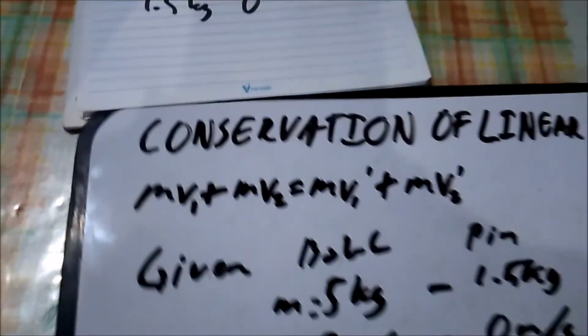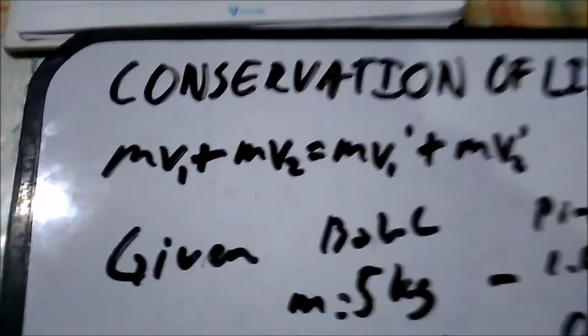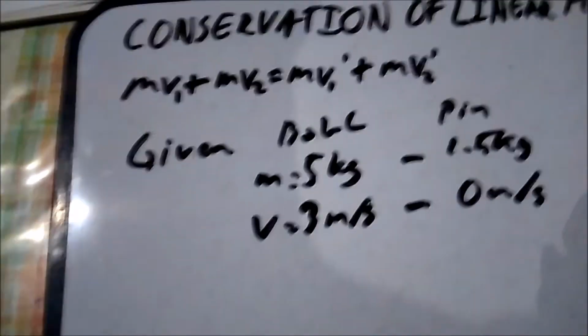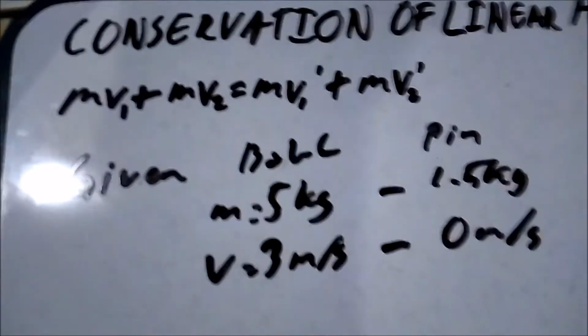Actually, there are two classifications of collision: elastic and inelastic. I'm going to explain it to you. An elastic collision means that when the two objects collide, they bump away from each other.